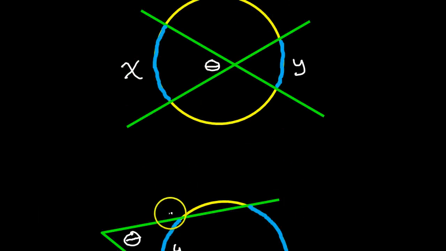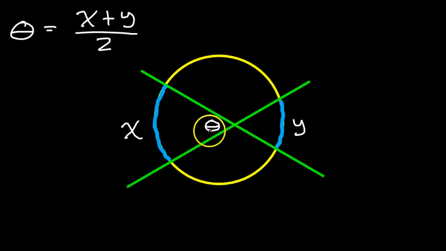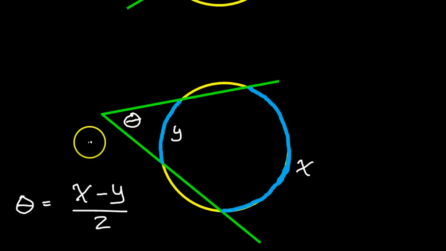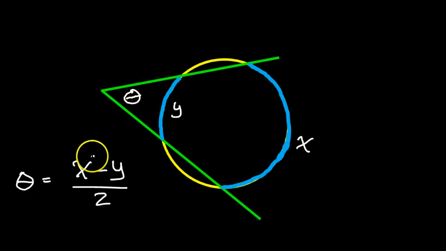So look at the similarities and differences. When the angle is inside the circle, it's arc plus arc divided by 2. When the angle is outside of the circle, it's arc minus arc divided by 2. And of course, it has to be the big one minus the small one, otherwise it'll give you a negative number.